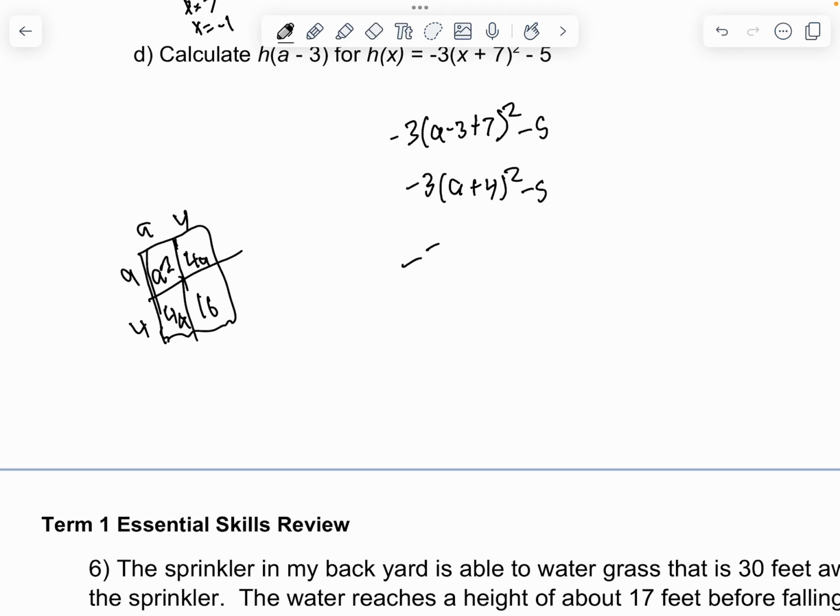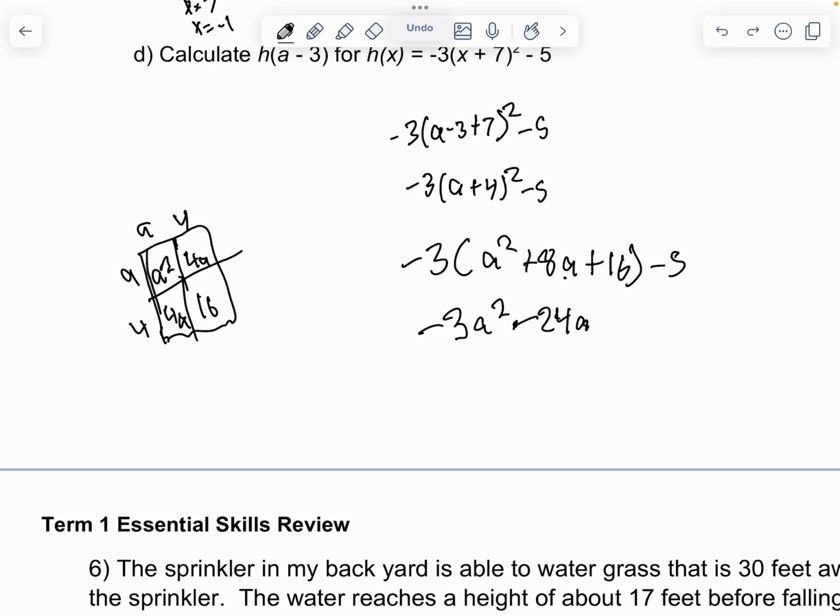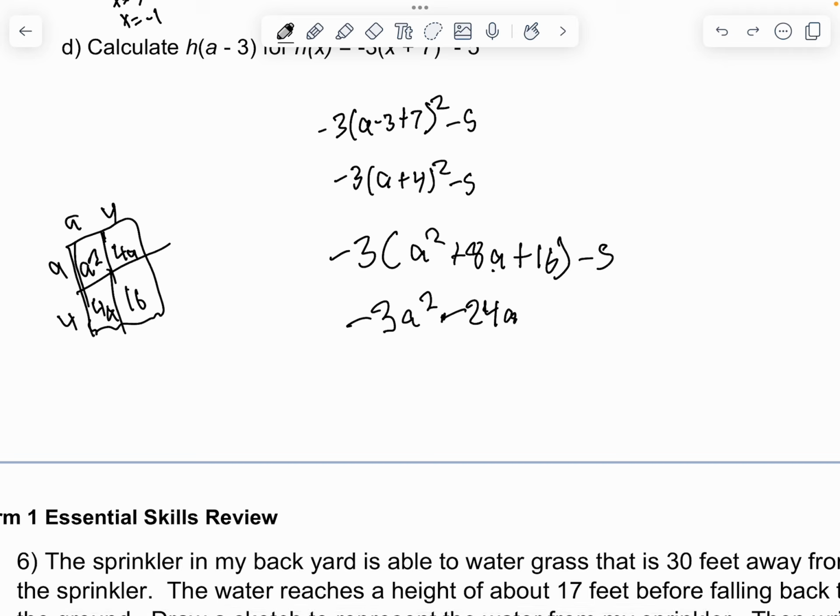Alright, so it's going to be -3 times a squared plus 8a plus 16 minus 5. It's going to be -3a squared minus 24a minus 48 minus 5.